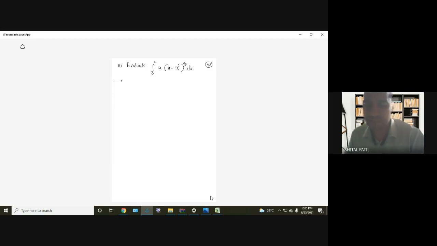So what should be the substitution? Substitute t equal to x cube divided by 8.